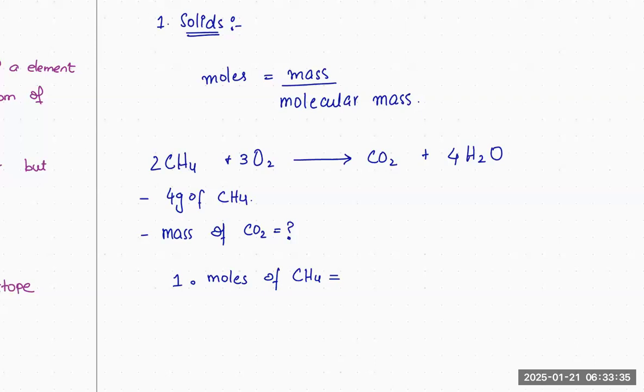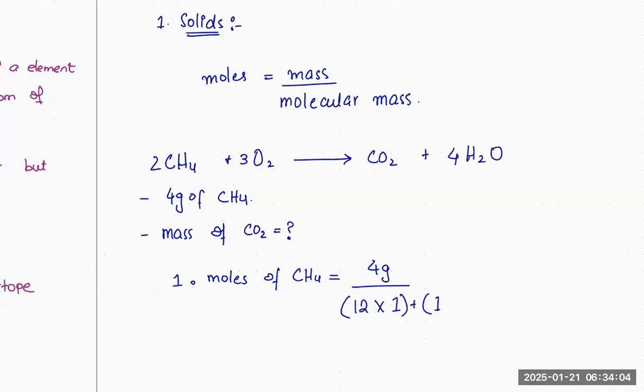Our mass is 4 grams. We have to divide it by the molecular mass. You can calculate the molecular mass using your periodic table. If you open up your periodic table, you will see the mass of carbon is 12. How many carbons do we have in the molecule of CH4? Just one. Plus, the mass of hydrogen is 1 in the periodic table. And how many hydrogens do we have? 4.